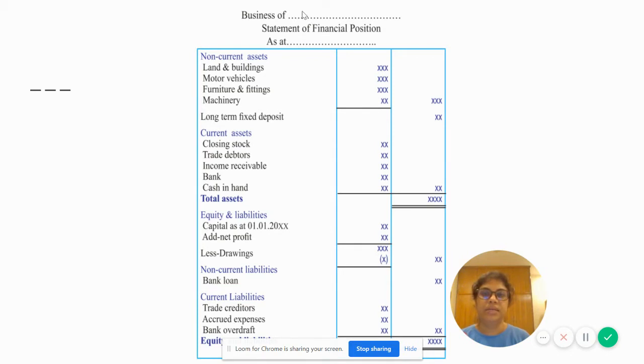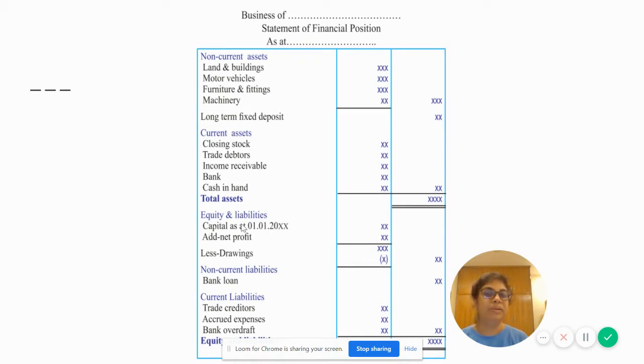So first, we are going to list out non-current assets and then the current assets, and thereby you are trying to give the total figure of assets owned by a business. After that, equity and liabilities will be shown.